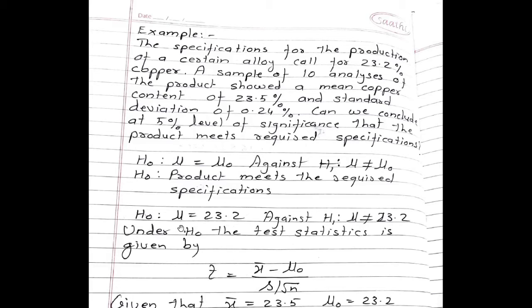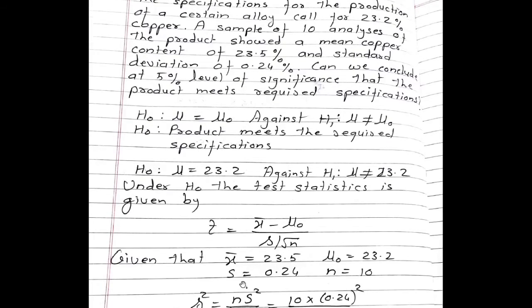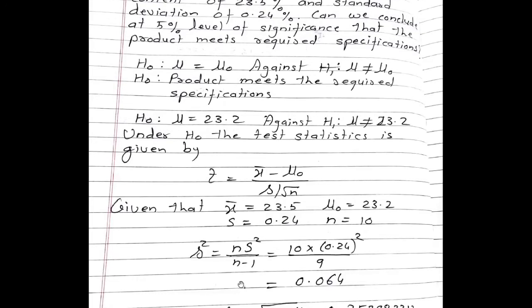So H naught can be written as mu is equal to 23.2 against H1 mu not equal to 23.2. Under H naught, the test statistic is given by T is equal to x bar minus mu naught upon S upon root n. X bar is 23.5, mu naught is 23.2, capital S is given as 0.24 and n is sample size, that is 10.